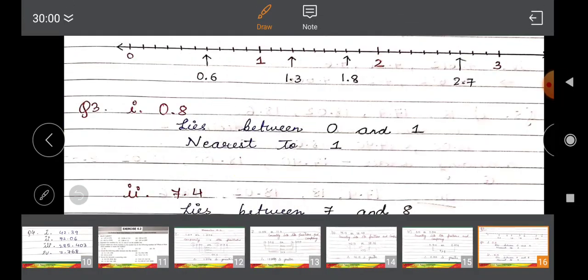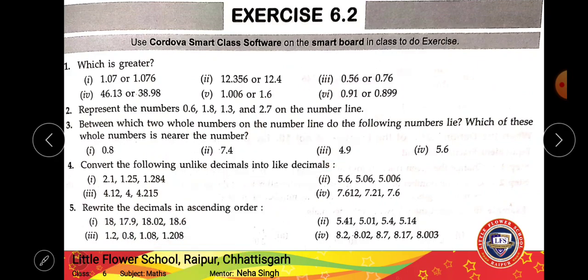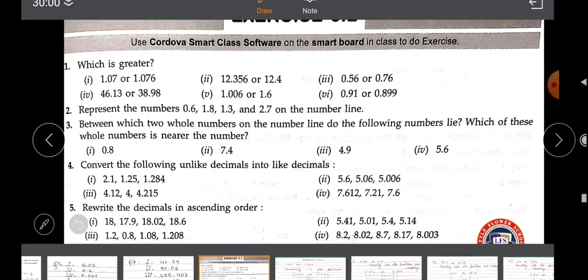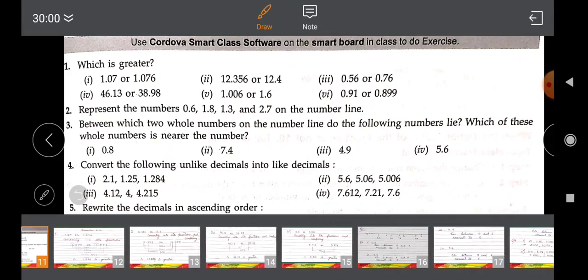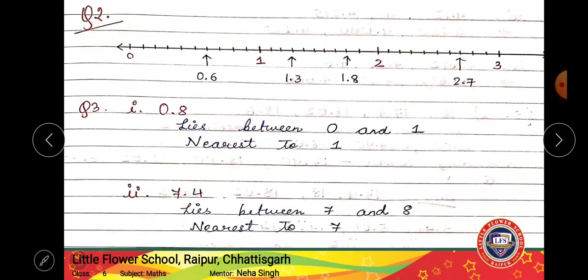Now coming to the second question. The second question is represent the numbers 0.6, 1.8, 1.3 and 2.7 on the number line, right? You have to represent on the number line. So for decimals, how are you going to draw the number line? Number line you will draw as you were drawing for the rest of the questions, right?